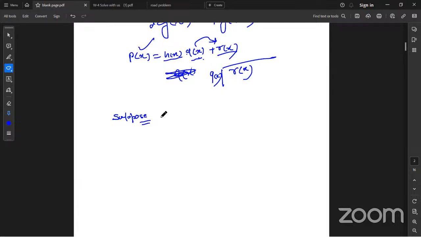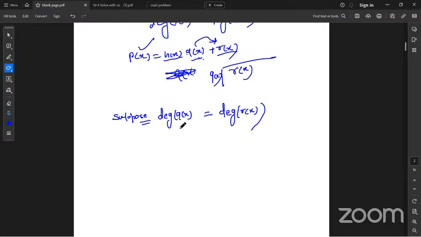Okay, so suppose the degree of Q(x) is exactly the same as the degree of R(x). And this R(x) is the remainder of this P(x).